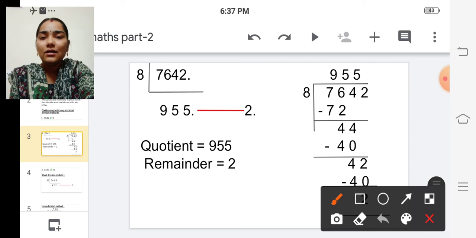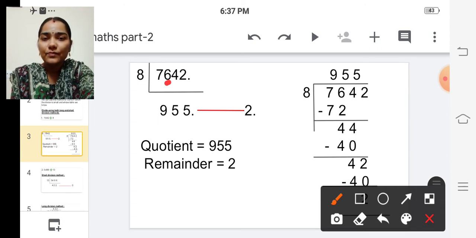Like the long division method, we consider the first 2 digits of the dividend, so the number becomes 76. 9 eights are 72, so 76 minus 72 is 4.